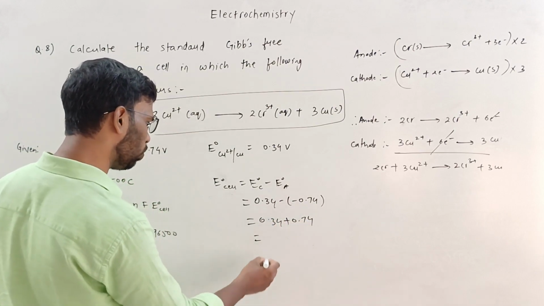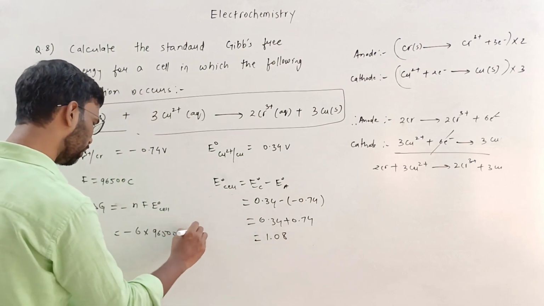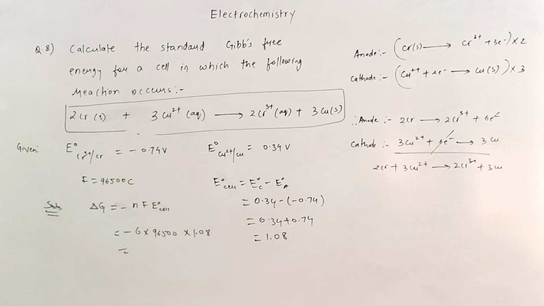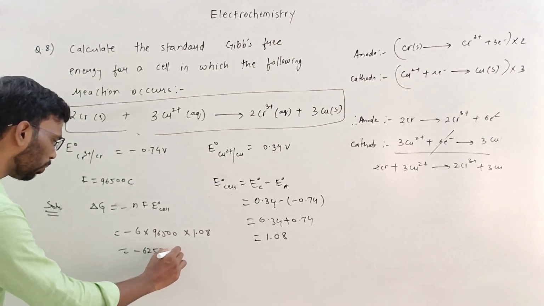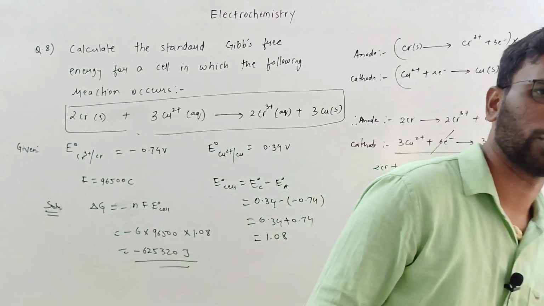How much does this come to? 1.08 volt. So the final answer comes to 625320 joules. This is the Gibbs free energy for this question.